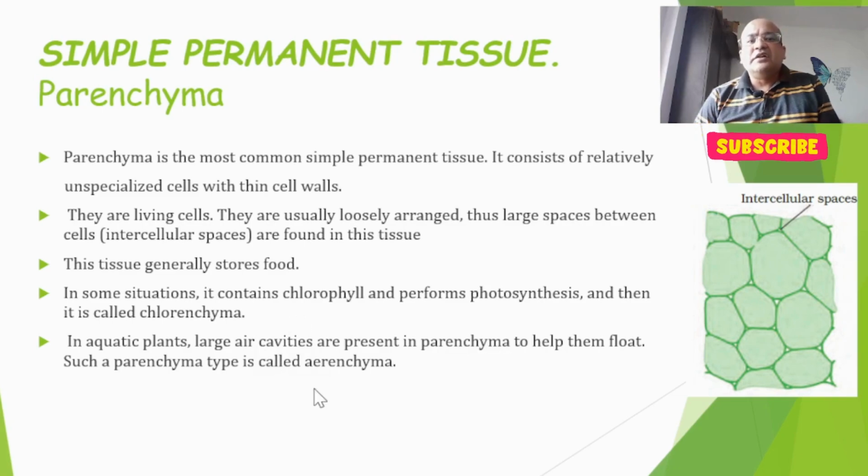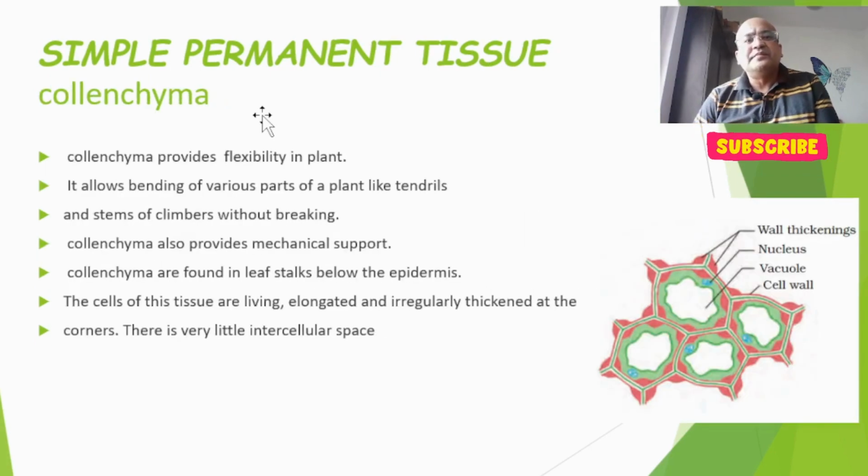In aquatic plants, large air cavities are present in the parenchyma to help them float, right? To float, they require these air pockets. Such parenchyma is called aerenchyma. So parenchyma is a relatively easy type of tissue to remember.